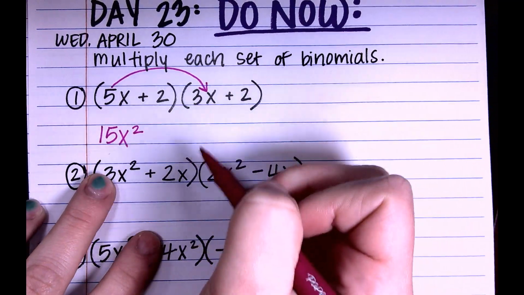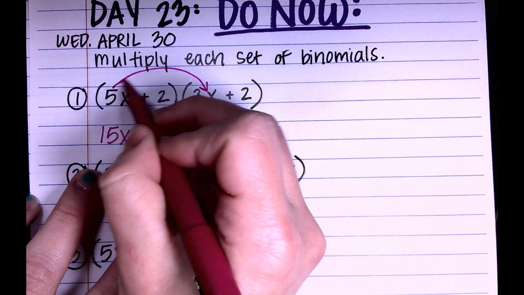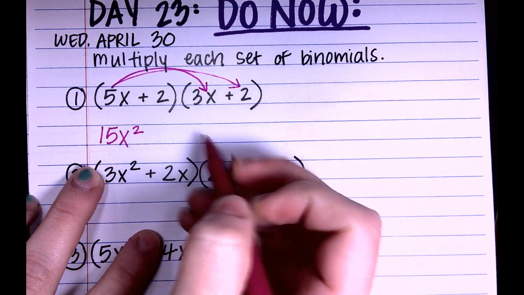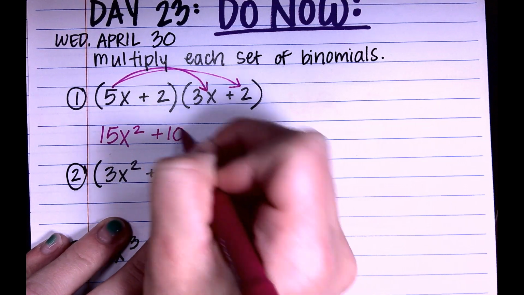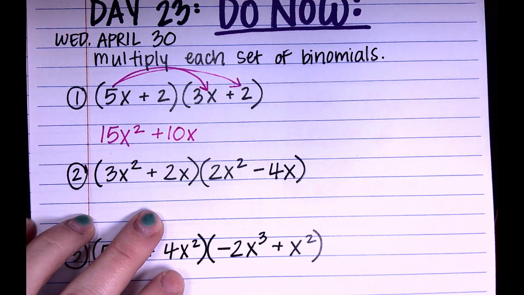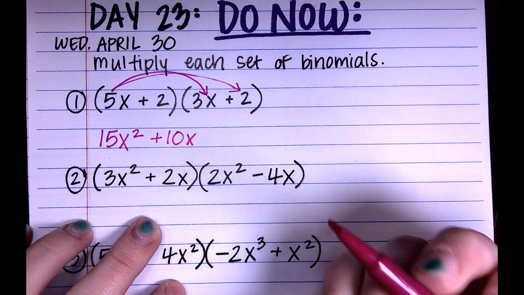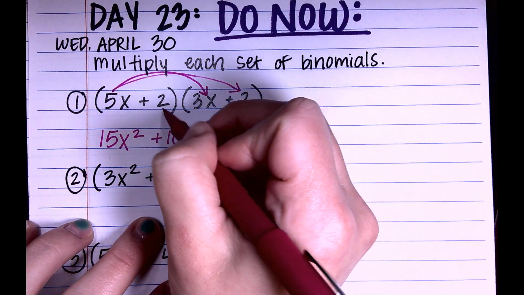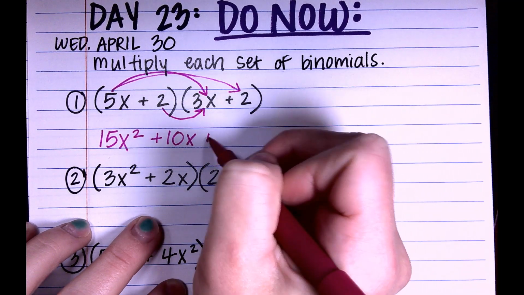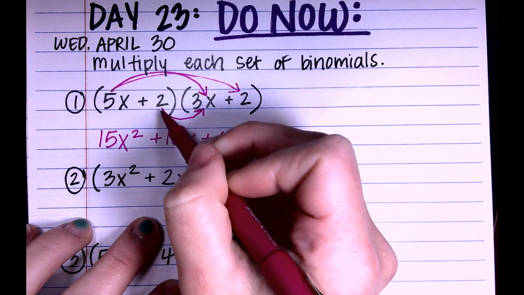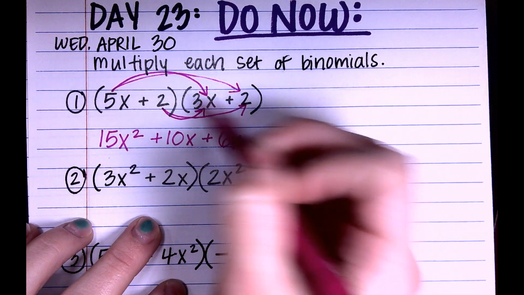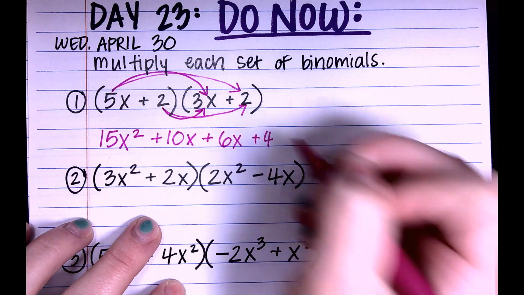What do we multiply for the outer terms? Good, 5x times 2, what will that give us? 10x. Perfect. What are my inner terms? 2 times 3x, what will that be? Yes, 6x. Perfect. 2 times 2 is 4.